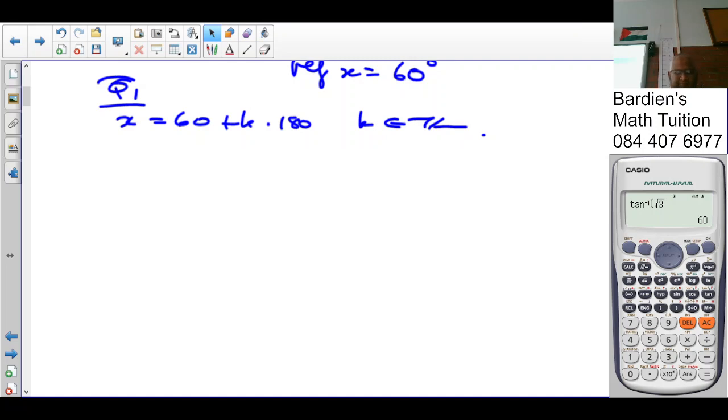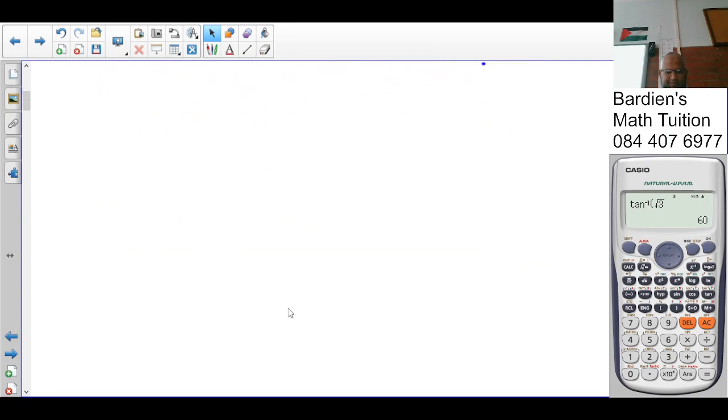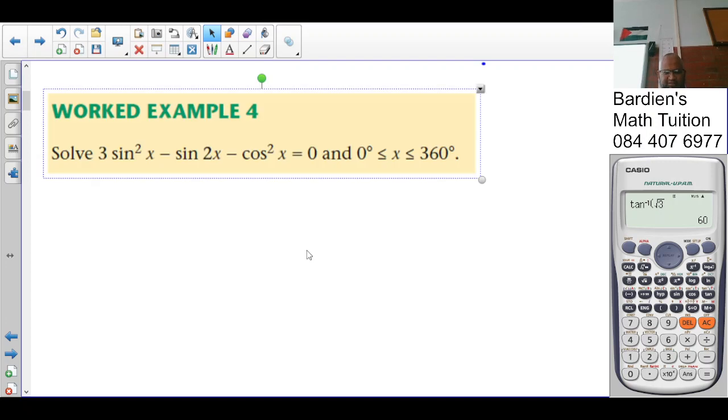Example 4. One of these sums comes in for the general solution section. One of these exercises.